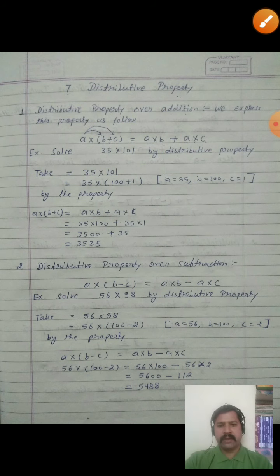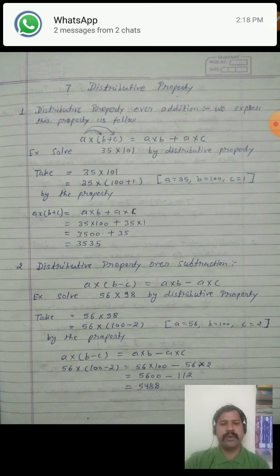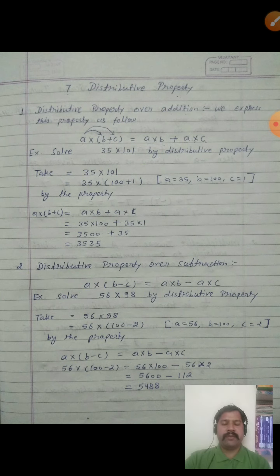Okay, so again we break 98. We can write 98 as 100 minus 2. Now compare the statement with the given property. So we have a is equal to 56, b is equal to 100, and c is equal to 2.